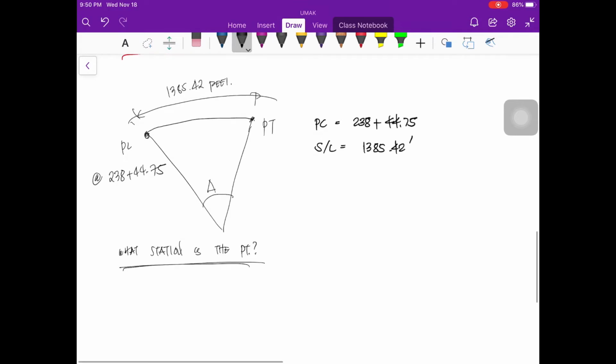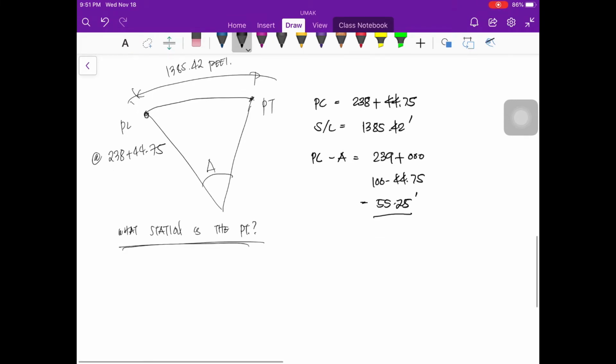So in order for the PC, say point A, to become 239 plus 000, the 44.75 must be deducted. So 100 minus 44.75 is 55.25 feet, meaning 55.25 feet will be deducted from 1385.